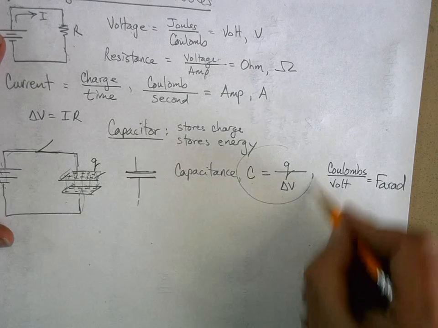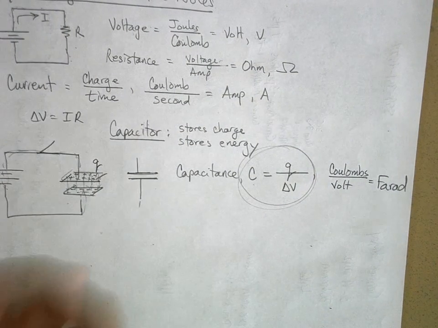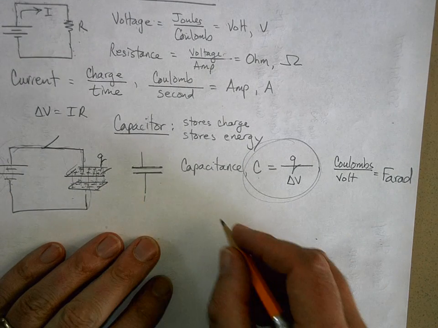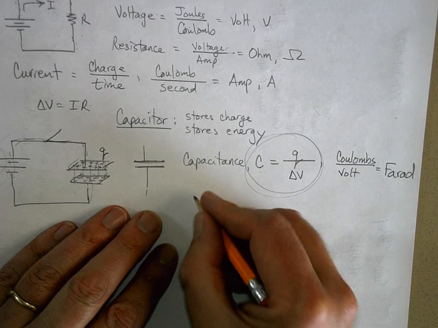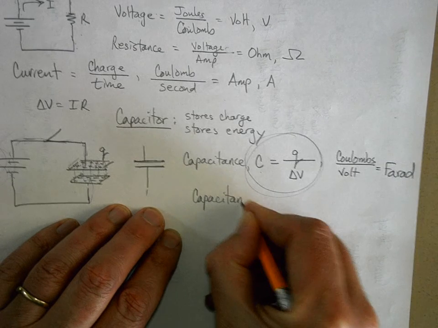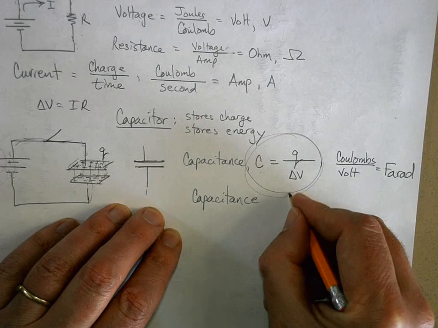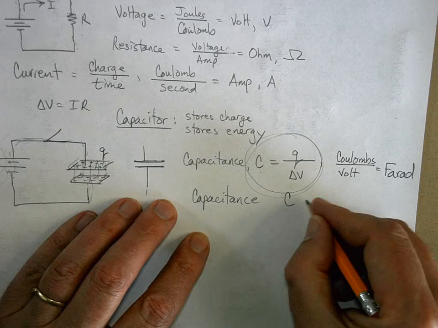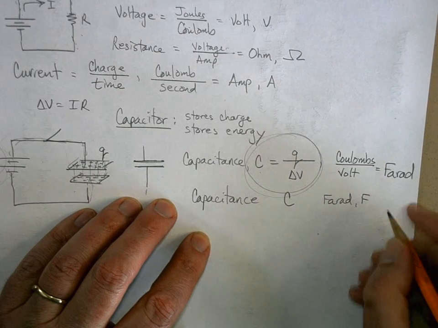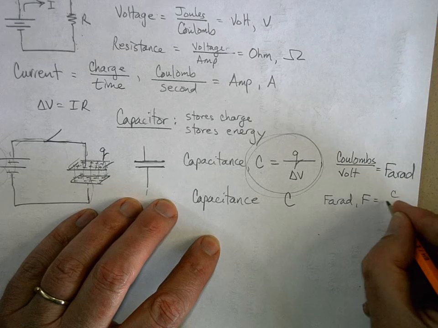But here's the equation. So you'll need to add that to your equation list. And on the final, it's on your equation list. But on your quantity chart, you have to add capacitance, and then the letter C, and then a farad, which we abbreviate with the letter F, and a farad is a coulomb per volt.